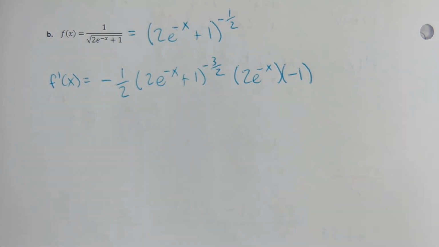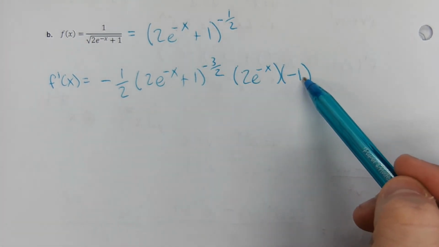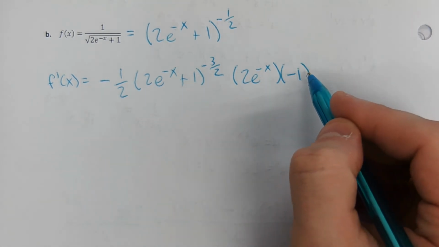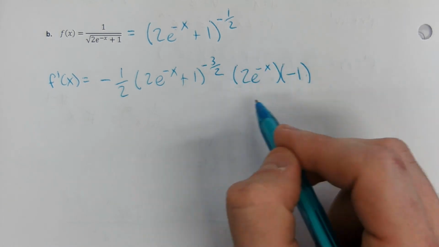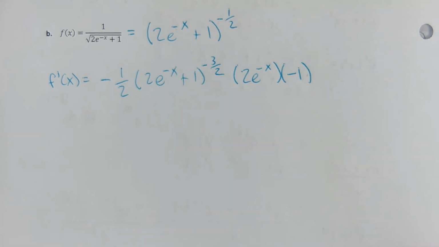The derivative of every exponential with an e in it is write the original e exponential and then multiply by the derivative of the exponent if that is not a 1. And the derivative of this exponent was not a 1. It was a negative 1. So that's why we have 3 different things there. This little negative 1 is a result of this one's chain rule. And these 2 sets of parentheses are a result of this one's chain rule. Got a chain inside a chain.